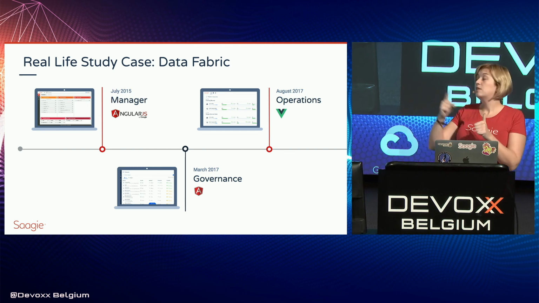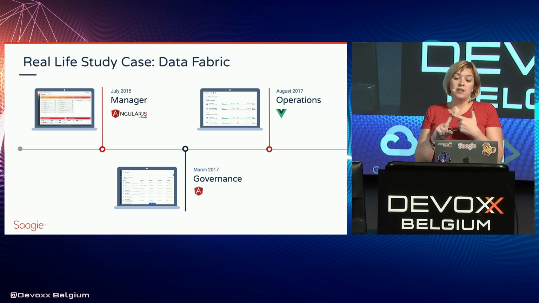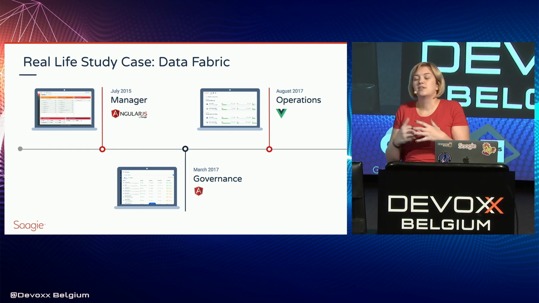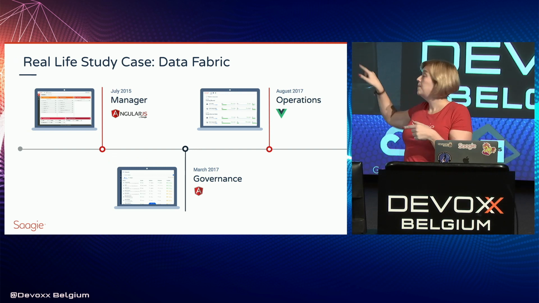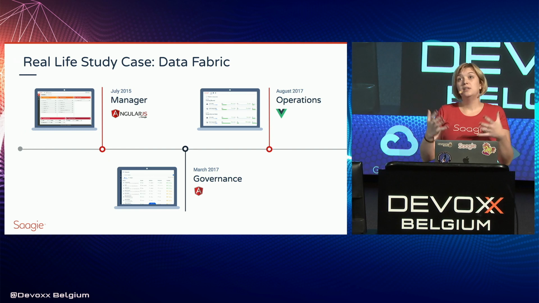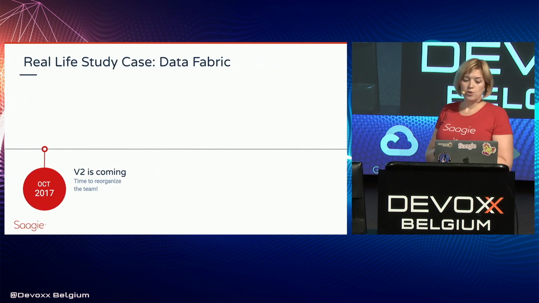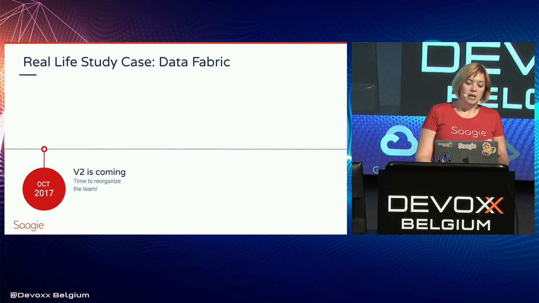First, that we had to refactor the Manager to extract common services. Then, that we needed other applications like Operations to enhance the overall experience of the customer. And that all of these applications, including those three, needed to be presented in a single application. So 1 year ago, we started working on version 2 of Data Fabric.